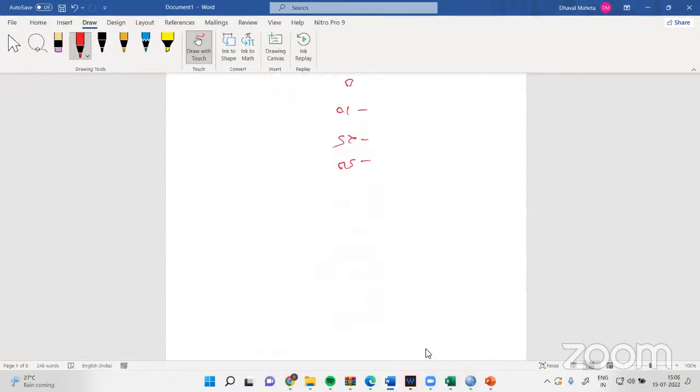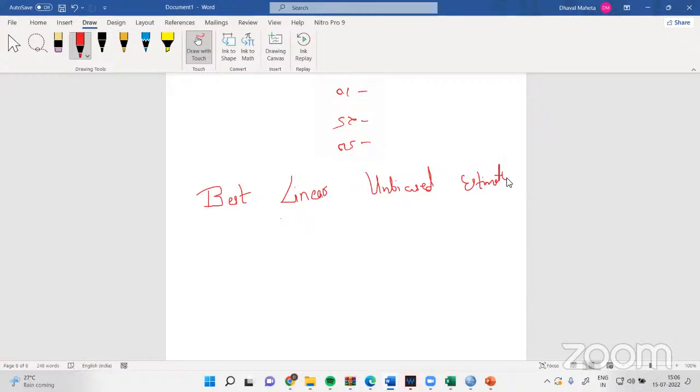So we want to pass a line which is best, linear, unbiased estimate. Okay, we will select the line which is having this property. It means that the error is minimum.